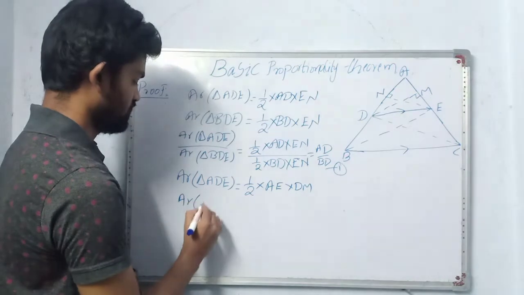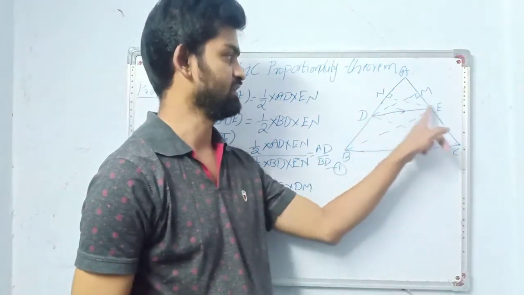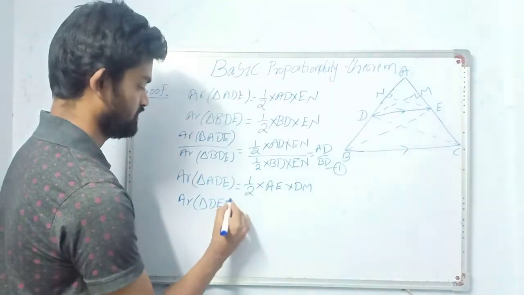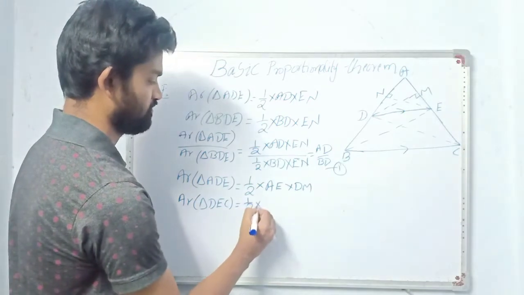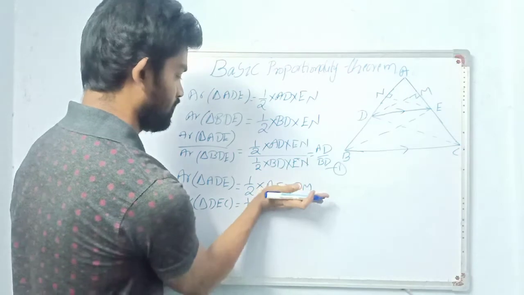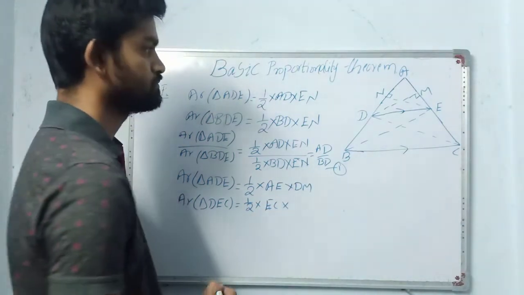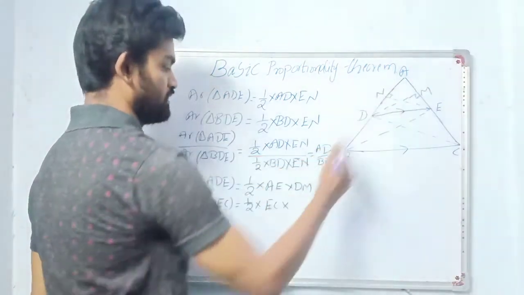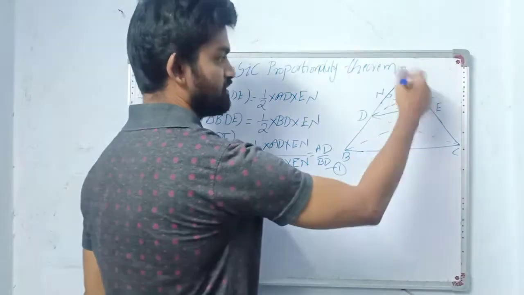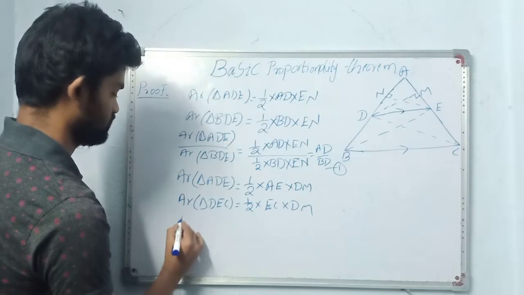Now with DE as base, one more triangle is there. What is it? DEC or CED. Area of triangle DEC is half into EC into the same height DM. It is an obtuse triangle. The height is falling outside the triangle. Divide these two also.